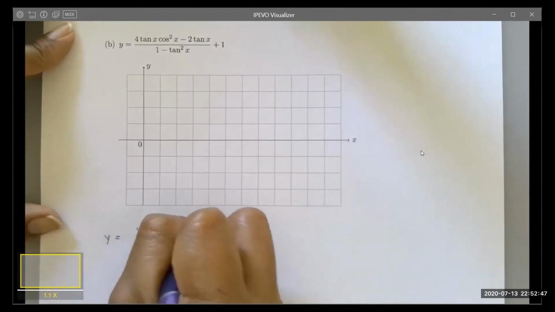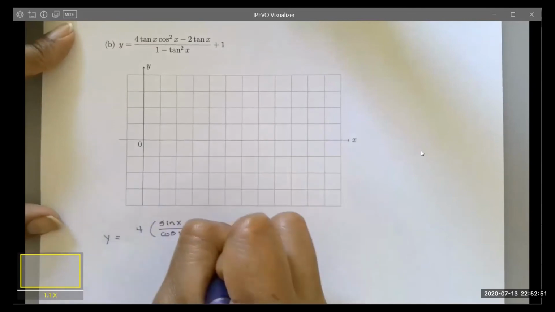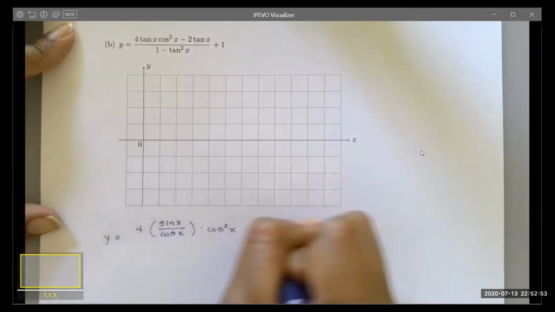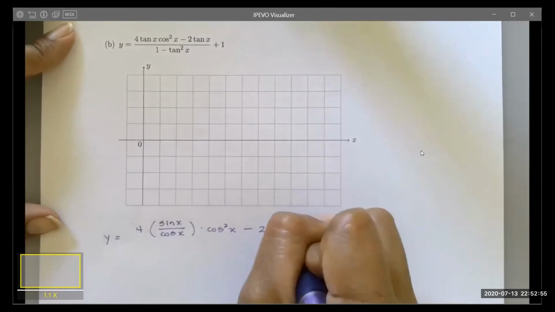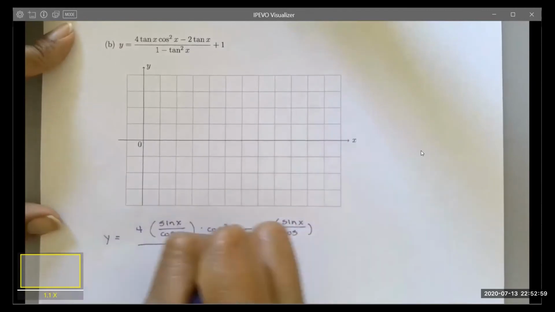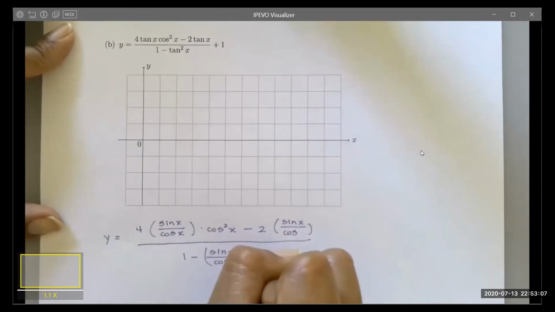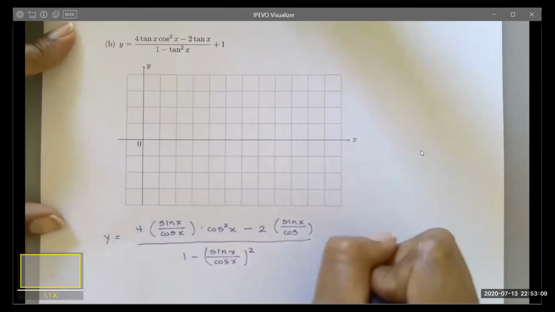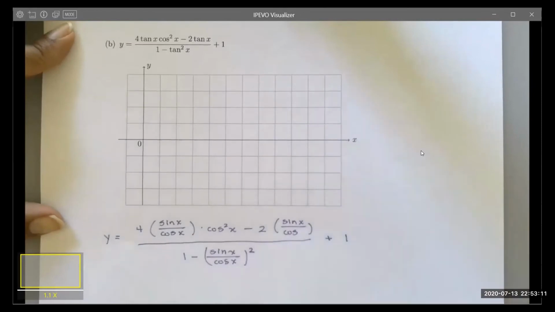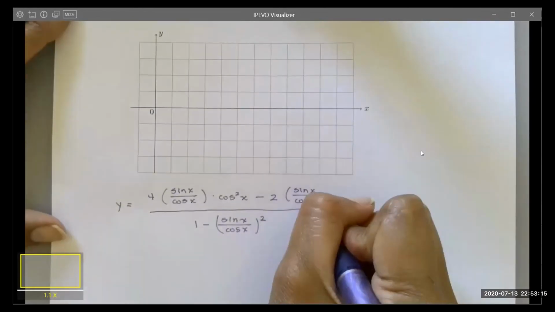So tangent becomes sine over cosine. And we have times cosine squared x minus 2 times sine over cosine again, all over a 1 minus sine over cosine. And the tangent is squared, so we're going to be squaring the term. And then we have plus 1. Okay, so simplifying a little bit.